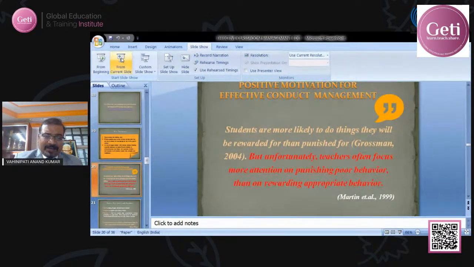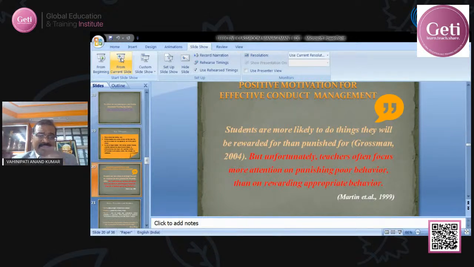That's why here, this red part I have highlighted says that students are more likely to do things they will be rewarded for rather than being punished for. But unfortunately, teachers often focus more attention on punishing poor behavior than on rewarding appropriate behavior.